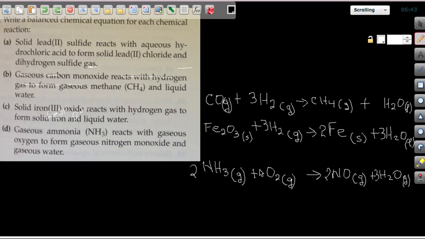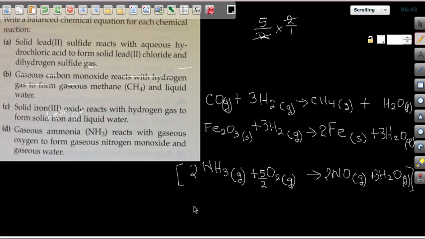So let's get a little clever and say 5 over 2, because 5 over 2 multiplied by 2 over 1 does give you 5. But you also know that in chemistry you can't have a fraction. So you can basically get rid of your fraction by simply multiplying every single number here by 2.